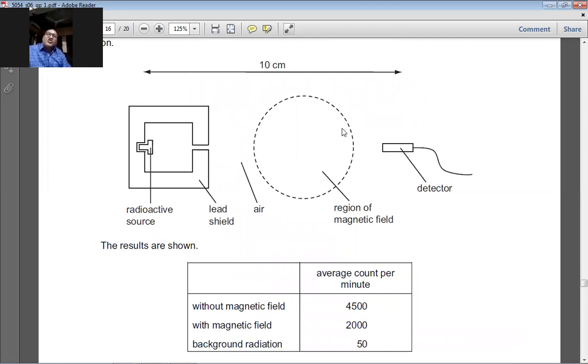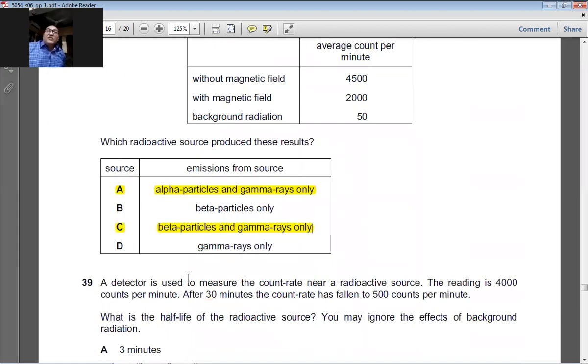The source and the detector are 10 centimeters apart. So the radiation which is coming out of here and reaching the detector cannot be alpha particles, because their penetrating power is very low. So they cannot travel 10 centimeters in air. So alpha particles cannot be the answer.